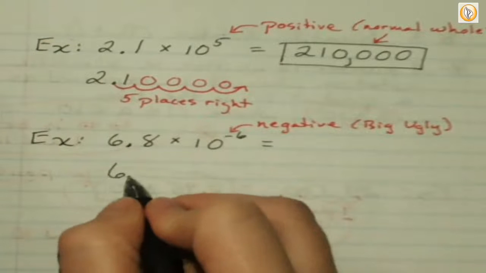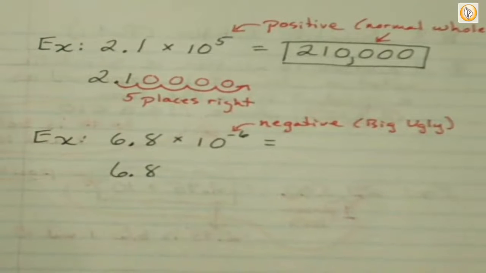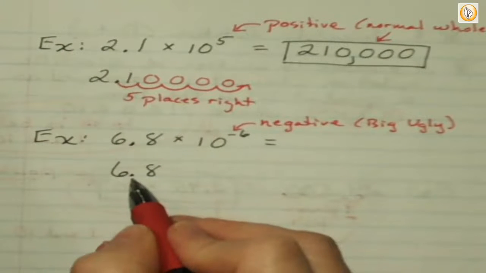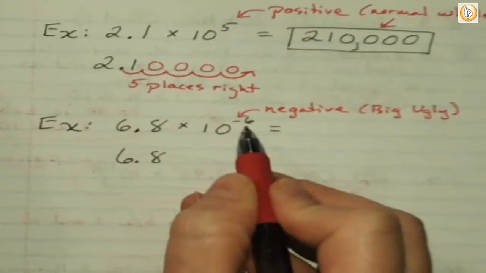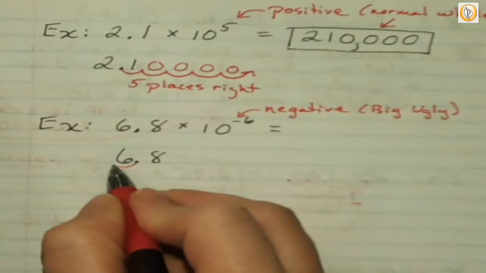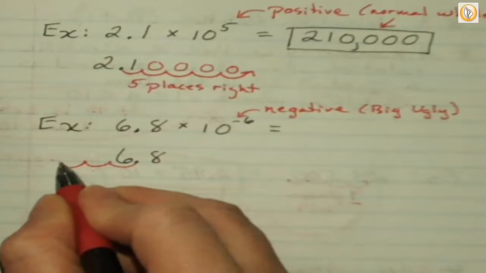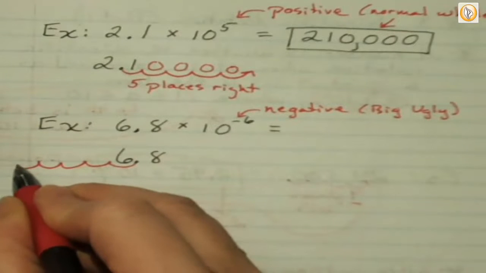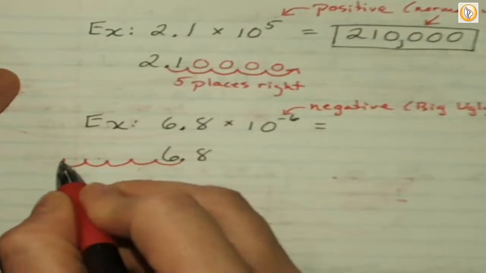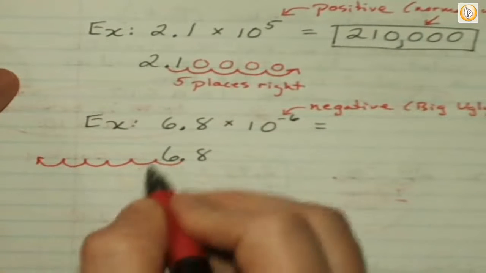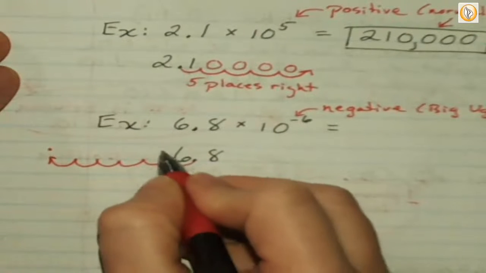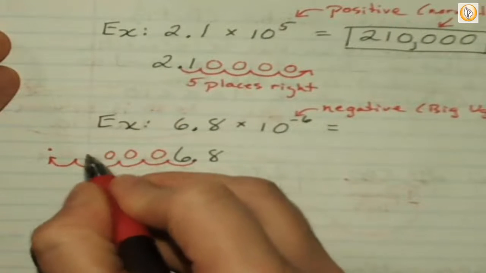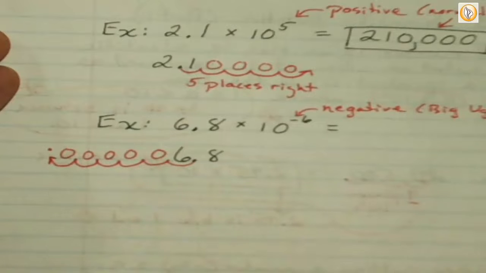So this time, to make it big ugly, I'm going to move this decimal to the left 6 places because that exponent is negative 6. So 1, 2, 3, 4, 5, 6. And I'm going to put my decimal right there. And I have filling in with zeros.